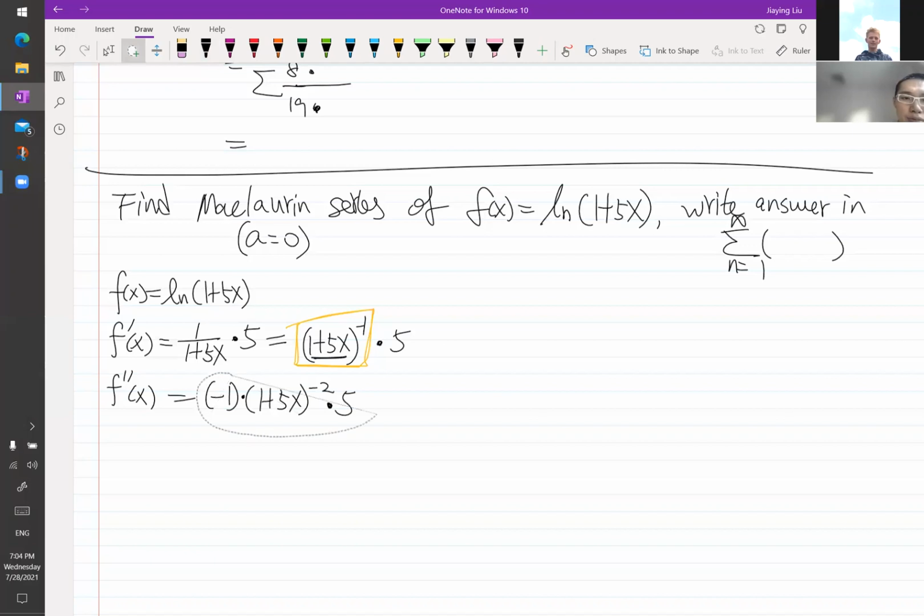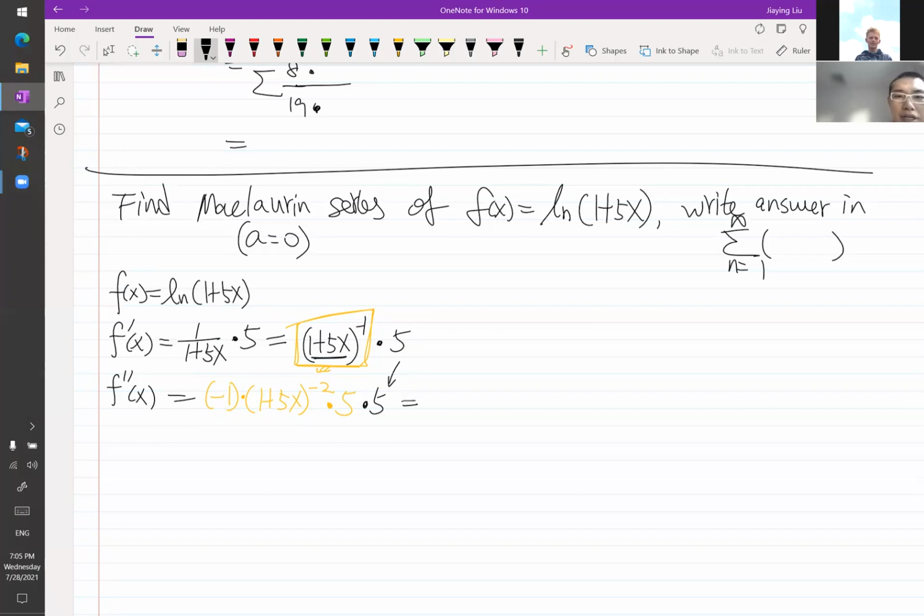So all of what I wrote just now is coming from the derivative of this part I boxed in yellow using the chain rule. But outside, I already had a 5. So I'm going to just write down that 5 from the outside. So here we have 2 5s, and I'm going to simplify this.